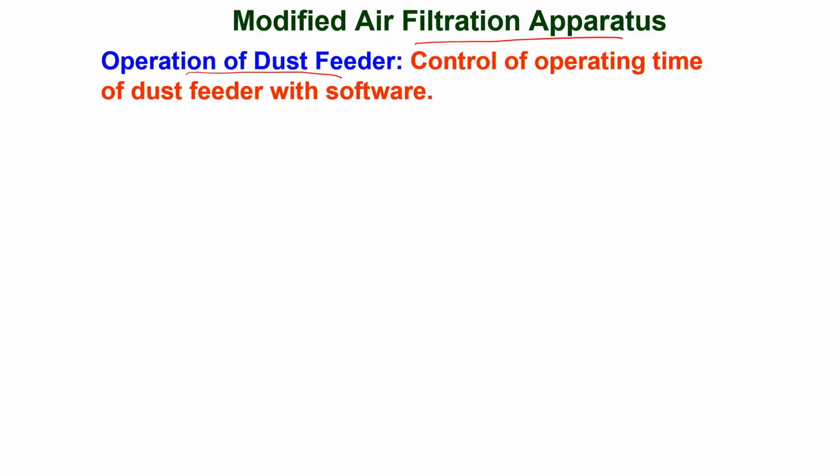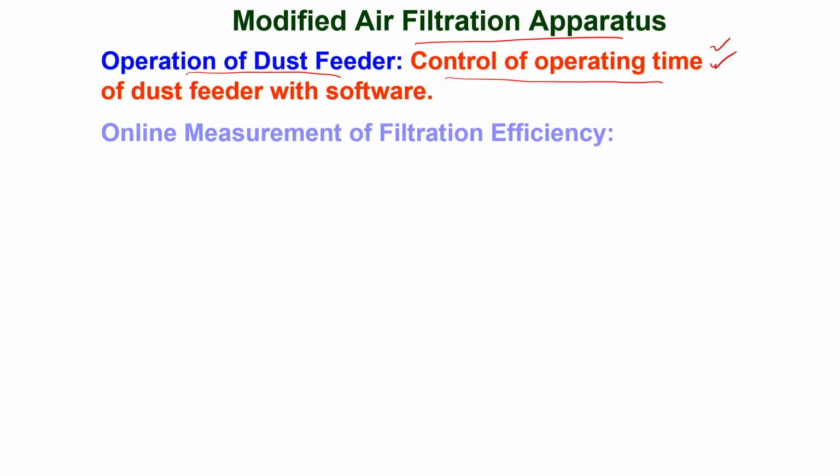Operation of dust feeder, control of operating time of dust feeder with the software. So, here the dust feeder, the speed or the rate at which the dust will get fed, is controlled by the software.